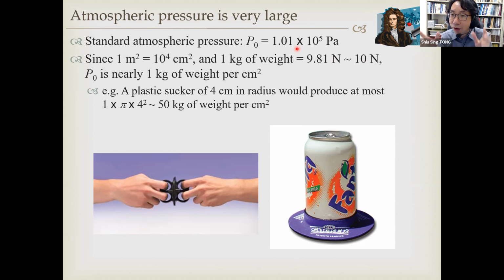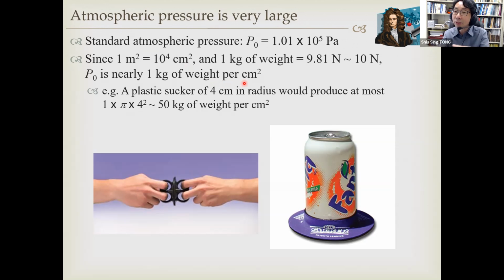But 10 to the power 5 Newton is 10 to the power 4 kilogram of weight, equivalent kilogram of weight, right? So if I divide 10 to the power 4 kilogram of weight by 10 to the power 4 cm square, it means 1 kilogram of weight per cm square.